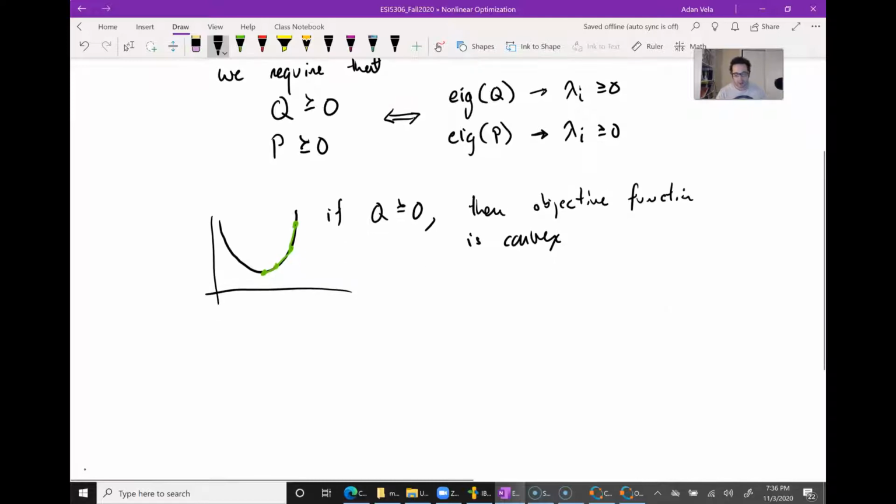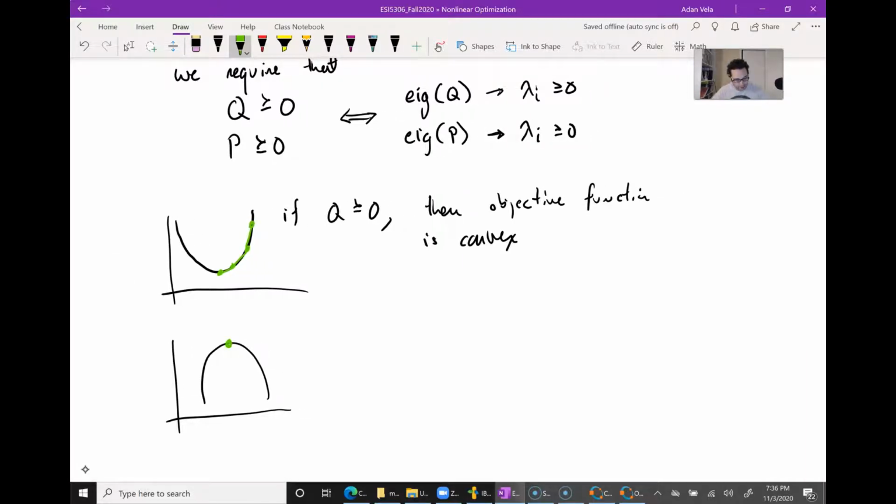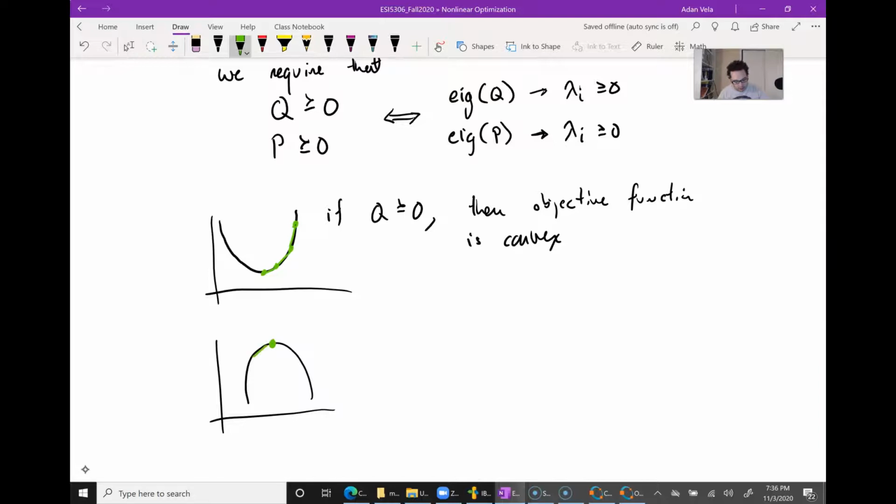Now, let's say Q was not positive semi-definite. And you had something like this. In this case, it would be negative semi-definite, convex down, or concave. We can't really minimize this function because let's say we started here. Depending on where we start, we're either going to move down to this optimal point, or maybe we'll move down to this optimal point. And so the solvers can't guarantee the optimality of the solution.